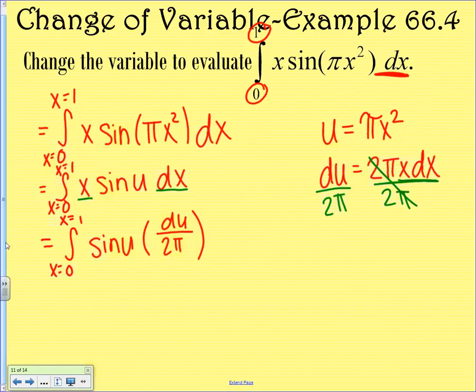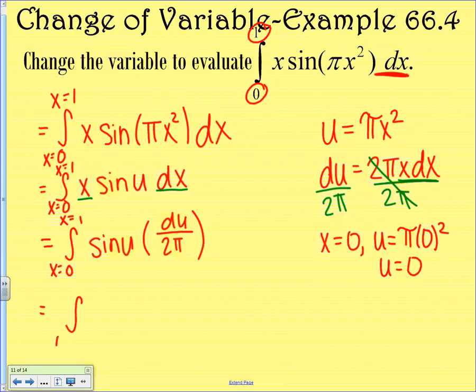So if x equals 0, u would equal pi times 0 squared. So our u is actually 0 as well. So our lower limit for u would be 0. But when our x is 1, when we plug that in, pi times 1 squared, our u is going to be pi. So our upper limit is pi instead of 1.